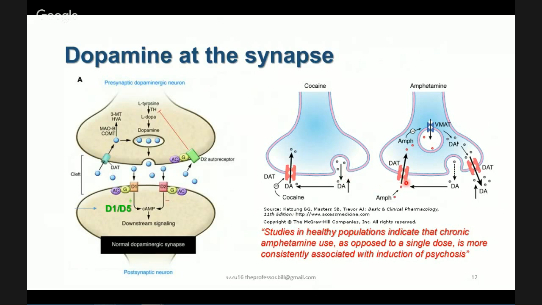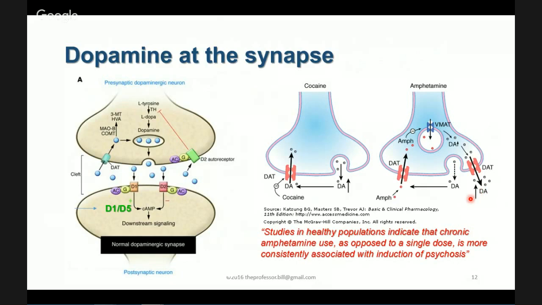Amphetamine works through a much more complicated system, but basically works the same way to increase the levels of dopamine out here in the synapse, through a vesicular transport mechanism, causing a competition for reuptake of either amphetamine into this vesicle or dopamine. And so dopamine takes this alternate path out. So either way, we're increasing dopamine at the level of the synapse.